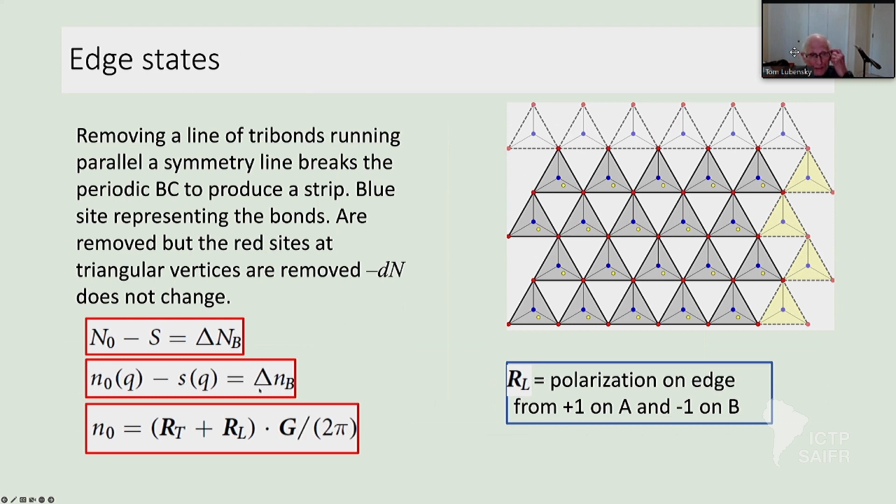So we have the same setup as we had before, namely that n0 is RT plus RL plus d over 2 pi, and RL is the local value of the R tensor here, or the R vector here. And in the end, it's just the polarization charge on the edge from +1 on A and -1 on B.